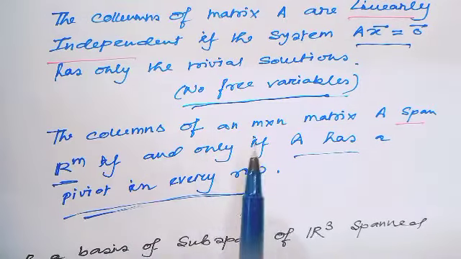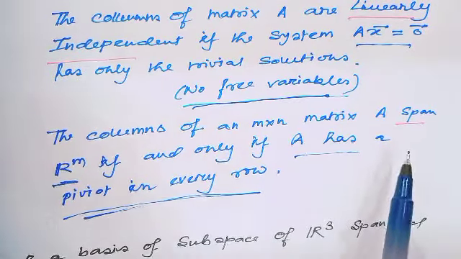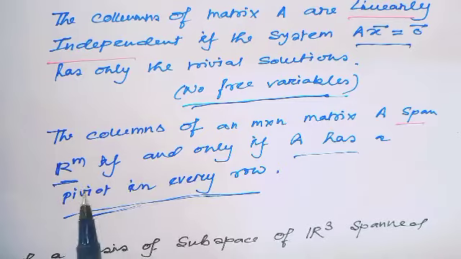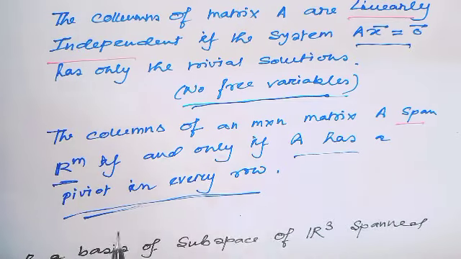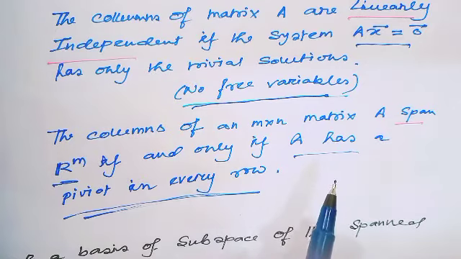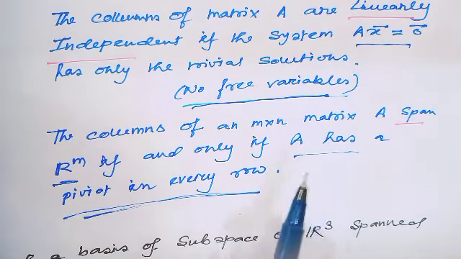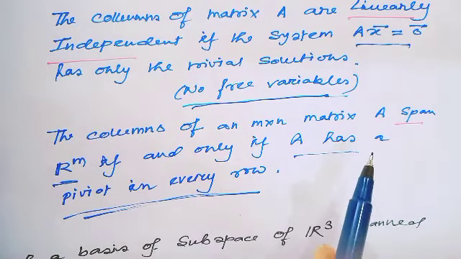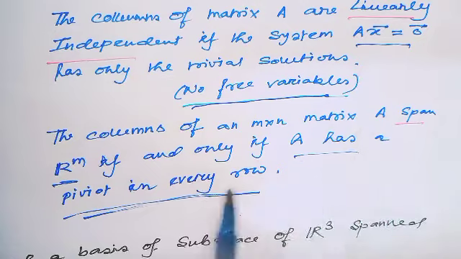Second, the columns of an M cross N matrix span Rm if and only if A has a pivot in each row. That means when the matrix has a pivot in each row, then the columns of the matrix span Rm.